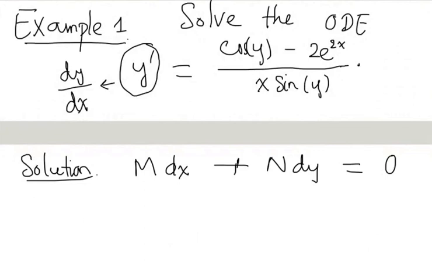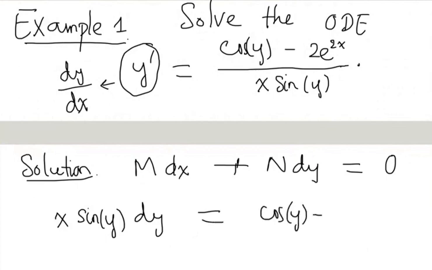By cross multiplying, we will have x sine y dy equals cosine y minus 2e to the 2x dx.